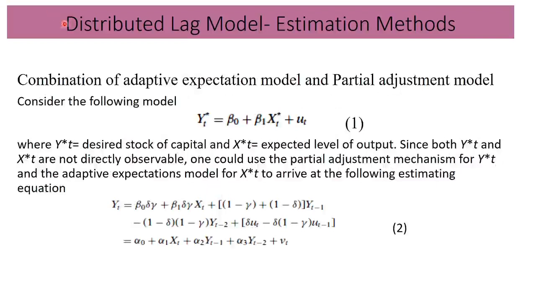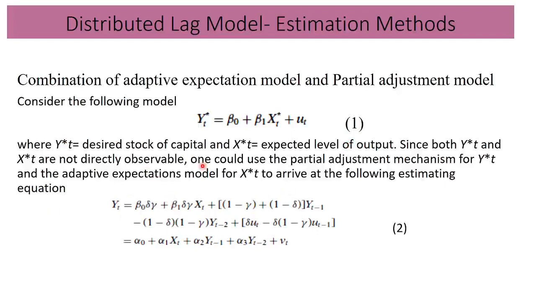Here, yt star equals beta 0 plus beta 1 xt star plus ut, where yt star is the desired stock of capital and xt star is the expected level of output. Since both yt star and xt star are not directly observable, one could use the partial adjustment mechanism for yt star and the adaptive expectation model for xt star to derive the following mechanism.